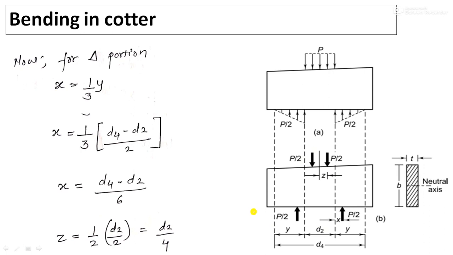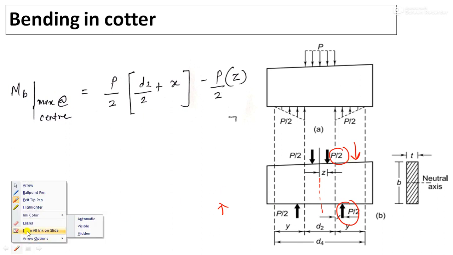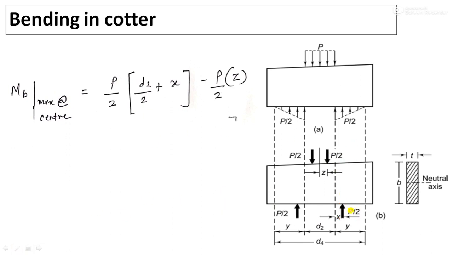Now once you have calculated x and z, let us find the maximum bending moment. We know that bending moment is maximum at this center, right? So how will you find it? Consider P by 2 acting upward and P by 2 acting downward, and take the moment, which is nothing but force into distance. So P by 2, what will be the distance?